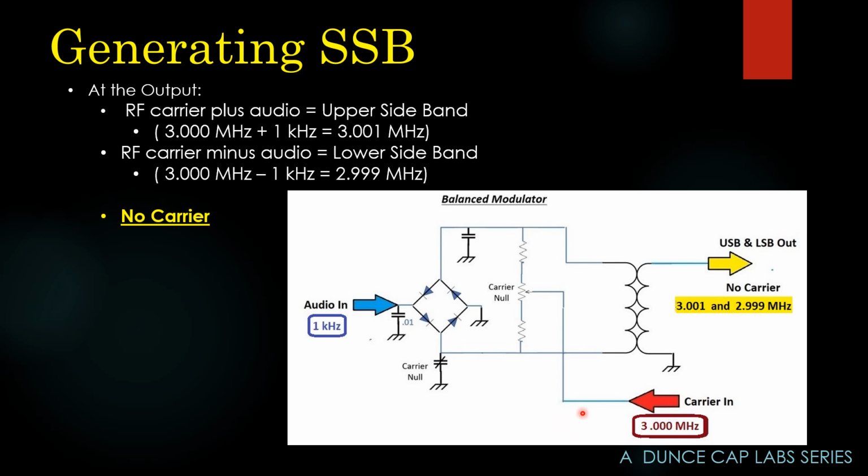But when the audio is there, it's not balanced. So now I have a 3 megahertz plus 1 kilohertz signal and a 3 megahertz minus 1 kilohertz signal. So now I have my two sidebands. In fact, we would say I'm sending double sideband suppressed carrier.